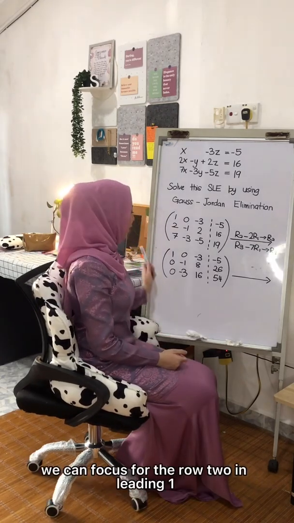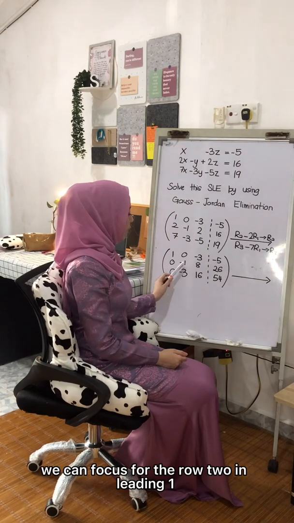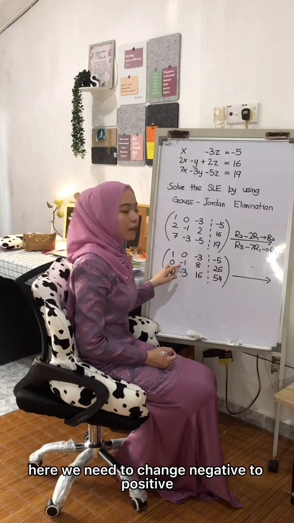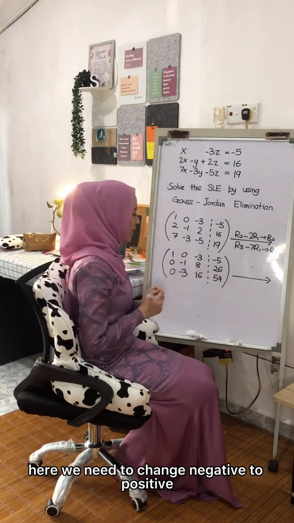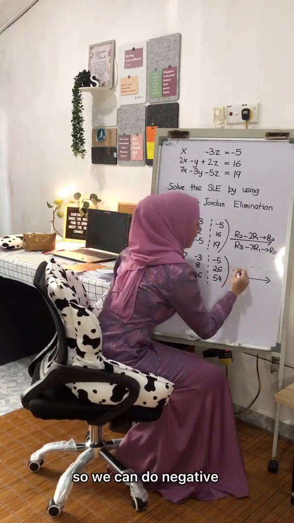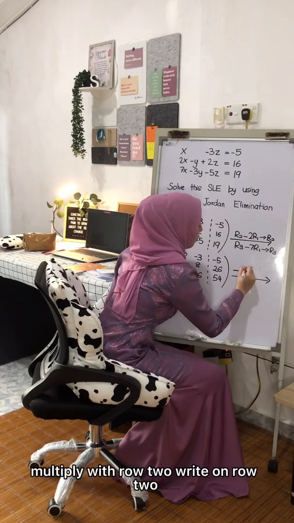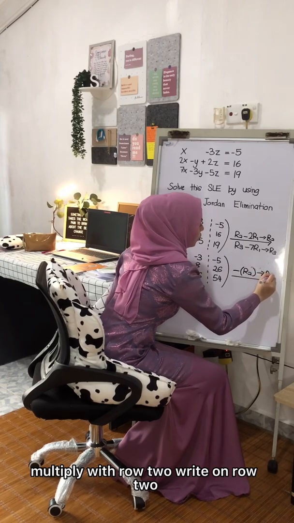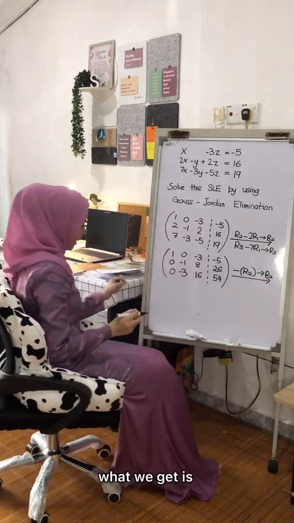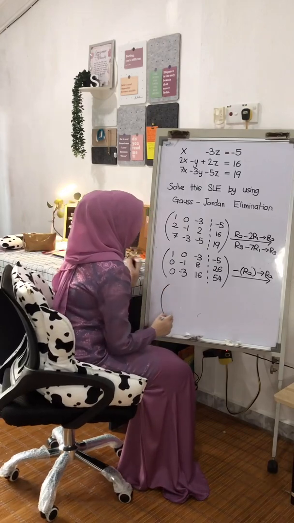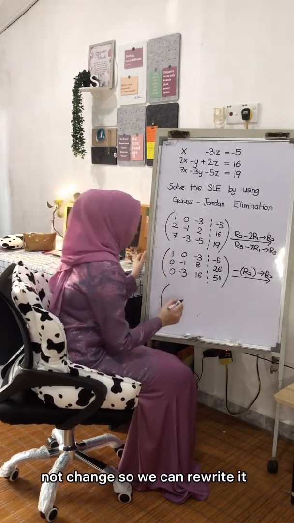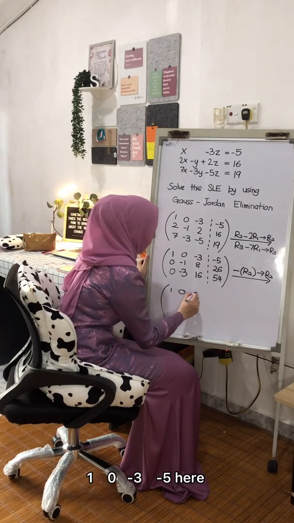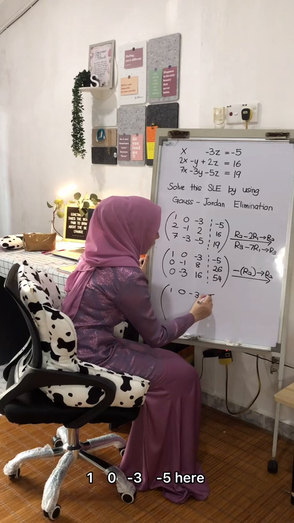For the next step, we can focus on the leading 1 in row 2. So, we have a negative here. We need to change negative to positive. So, we can multiply negative with row 2, write on row 2. What we get is row 1 and row 3 not changed, so we can rewrite it 1, 0, negative 3, negative 5 here.